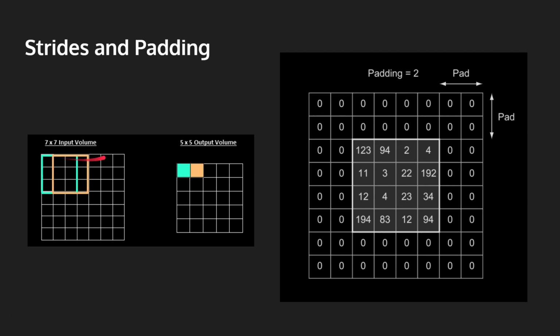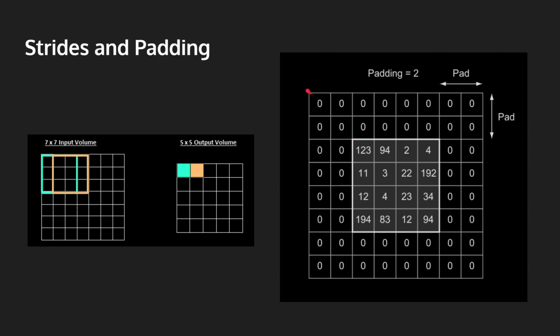So this is what we get, right? And this output volume will be smaller if our strides is larger, for example, 2. Strides basically determine how long it will take to train your model. Larger strides would mean that your model takes less time to train, right?